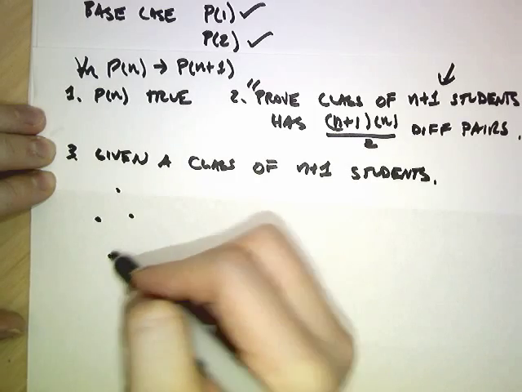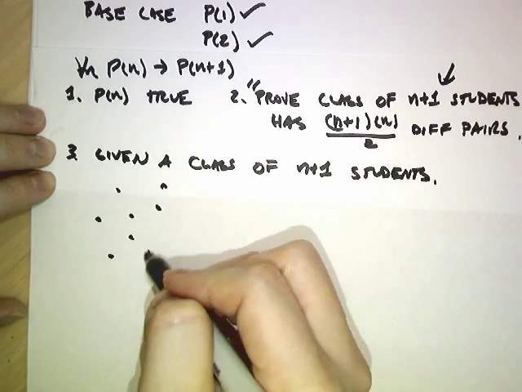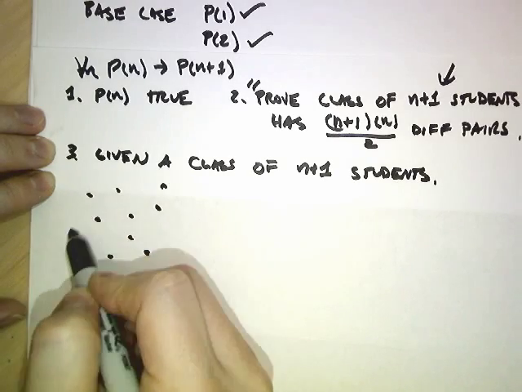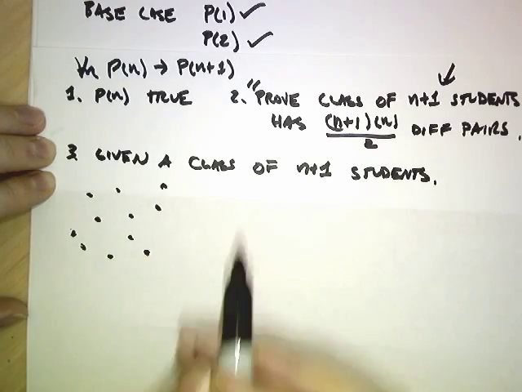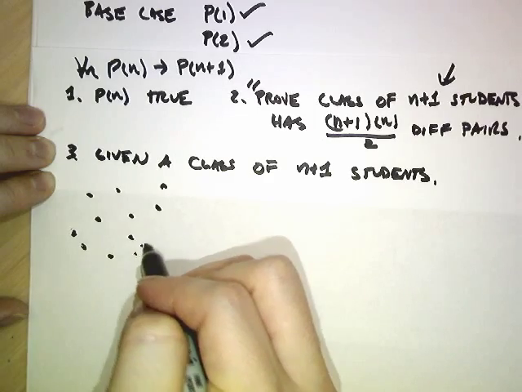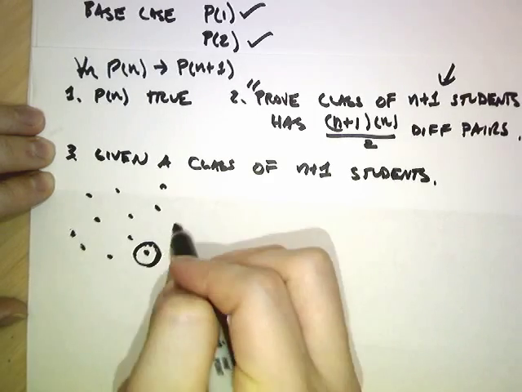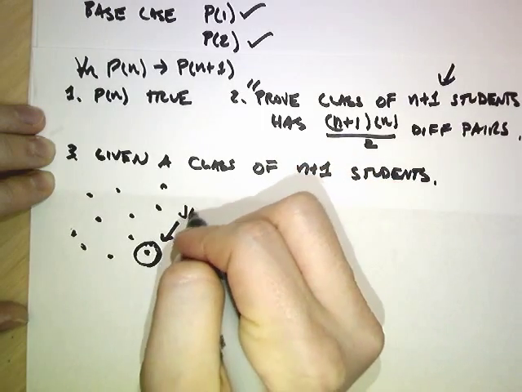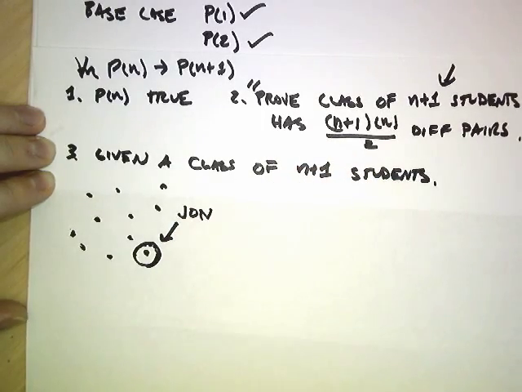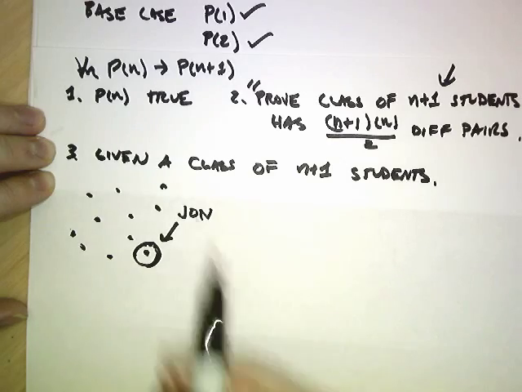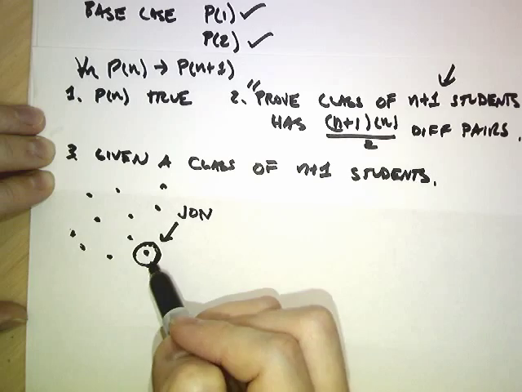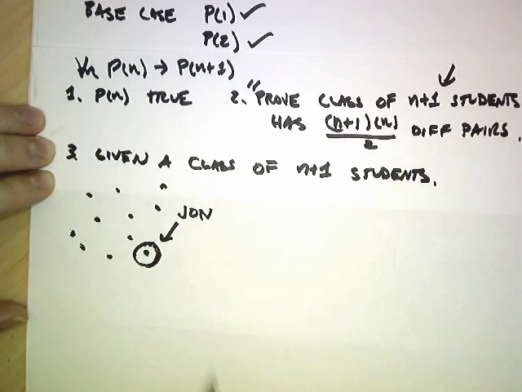Imagine each one of these dots is a student. Okay, so imagine I've drawn n plus 1 of them. Now I'm going to pick one special student right here, this student. We'll call this student John. There's John. And so here are the other n students, right? One student, here's the other n students.